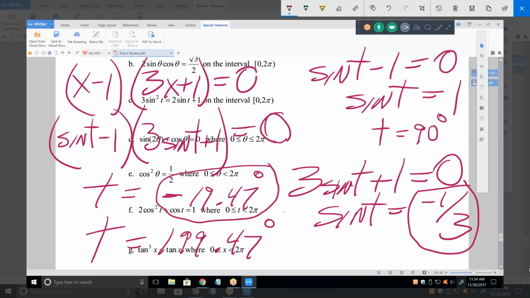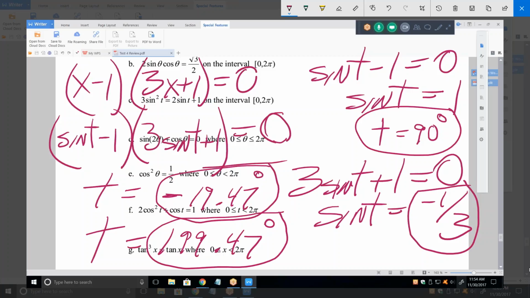In other words, if you put that into your calculator, what's the sine of 199.47? You should get negative 1/3, approximately. So your three answers to this problem are 90 degrees, minus 19.47 degrees, and 199.47 degrees.